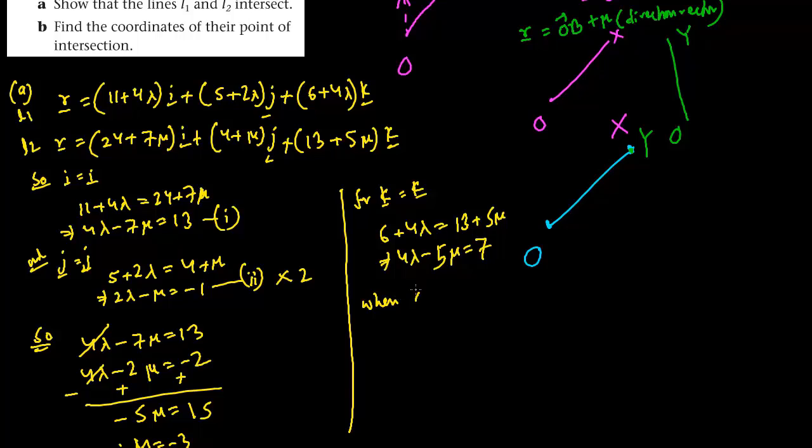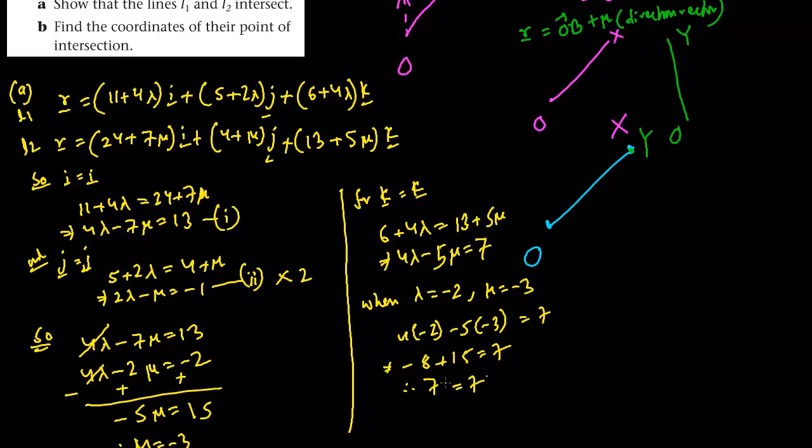When lambda equals minus 2 and mu equals minus 3, let's check whether this holds true. 4 into minus 2 minus 5 into minus 3 equals 7. So 4 into minus 2 is minus 8, and this is plus 15 equals 7. Therefore, 15 minus 8 is 7. 7 equals 7.